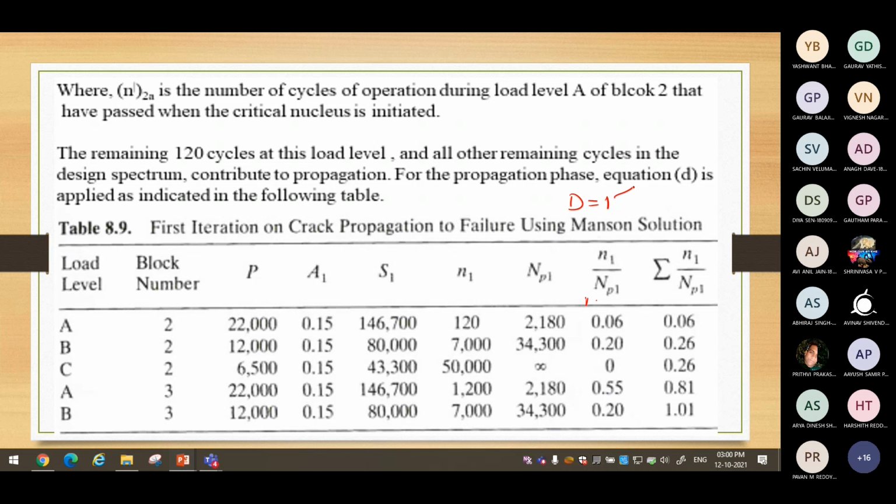By this time you have completed 22,000 pound 1200 cycles, 12,000 pound 7,000 cycles, 6,500 pound 50,000 cycles, and you have completed again the next block, 22,000 pound 1080 cycles. Next remaining 120 we have to apply, and that we will start with the propagation.